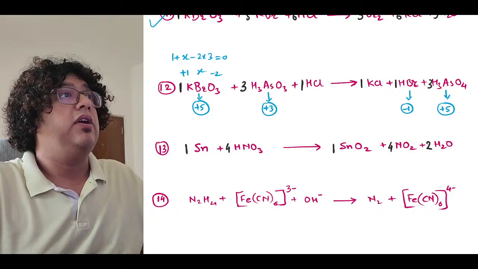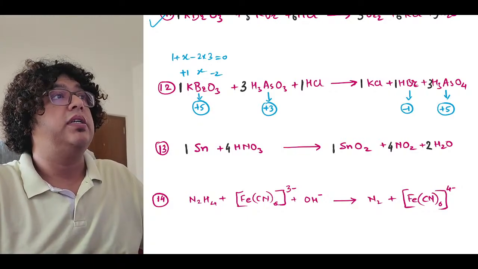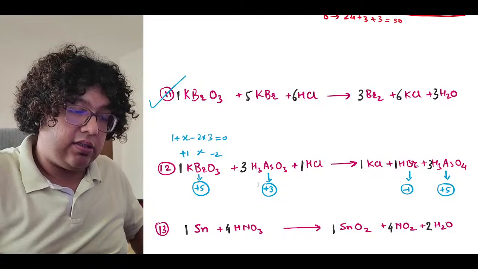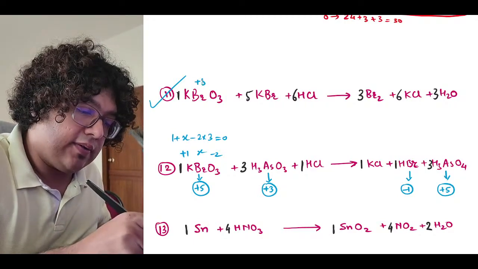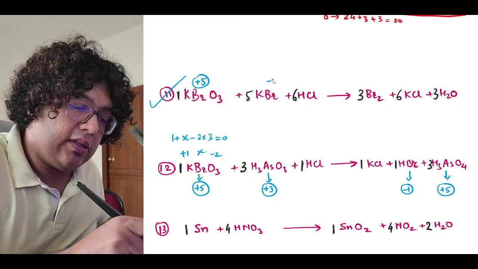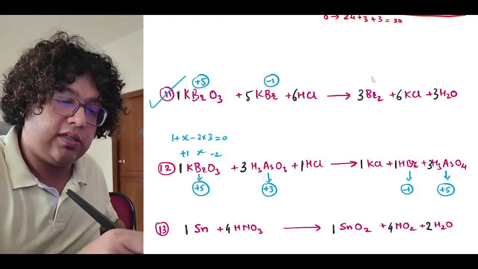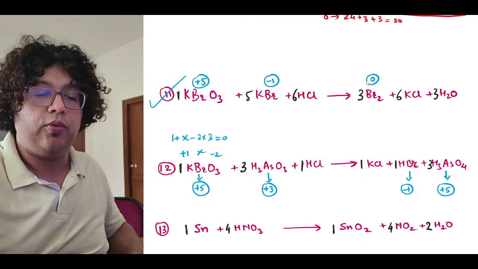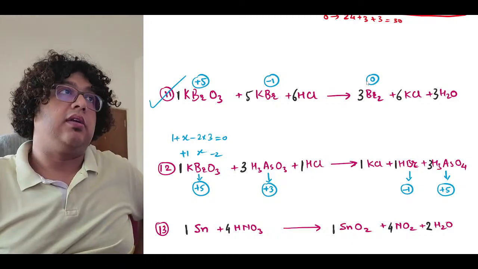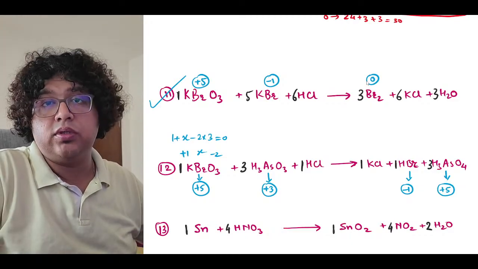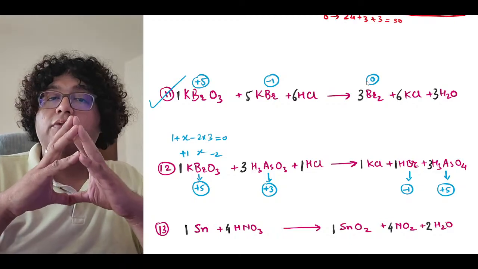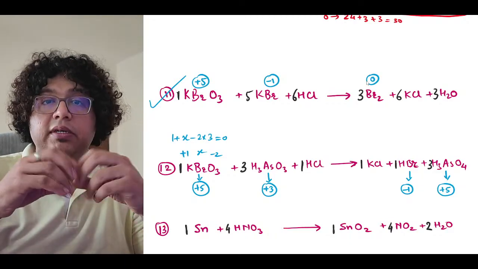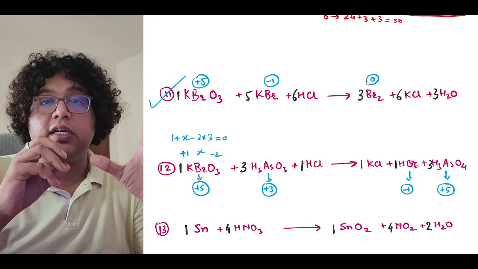Okay, can we call reaction 11 a disproportionation reaction? Reaction 11 has bromine in +5 oxidation state and another bromine in -1 oxidation state coming together to form bromine in 0 oxidation state. Disproportionation is the breaking down of an atom, or I would call it self-redox, where one atom itself is getting oxidized and itself is getting reduced.